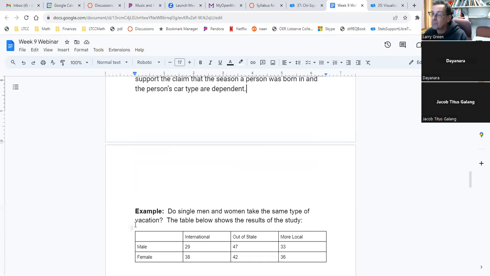Do you see how that works? Okay, so this is an example that you would use this for.